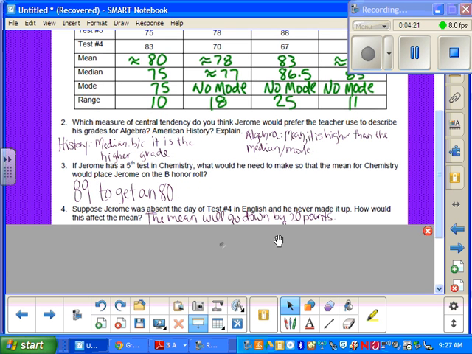Number 4. Suppose Jerome was absent the day of test number 4 in English, and he never made it up. How would this affect the mean, or the average? So the mean will go down by 20 points because it's going to be a 0. So that would be a very bad thing for Jerome, and I don't know if he'd make his honor roll like he wants to.